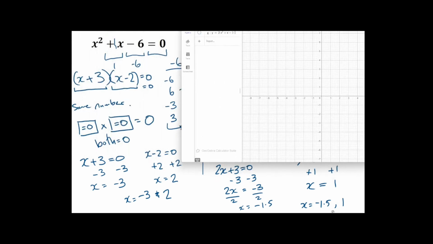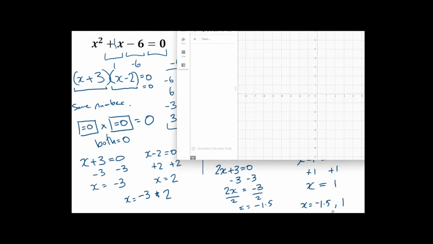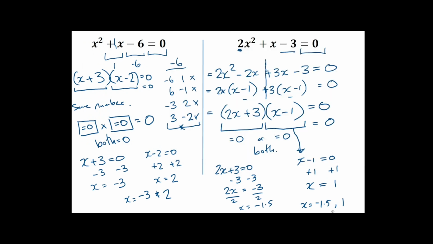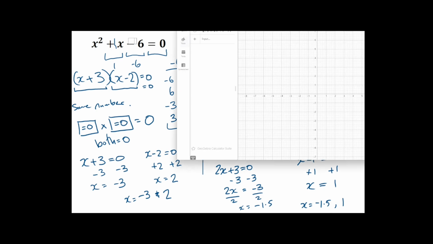So here I've got x squared plus x minus 6 equals 0, and I'm going to graph it. And notice the answers that we got.